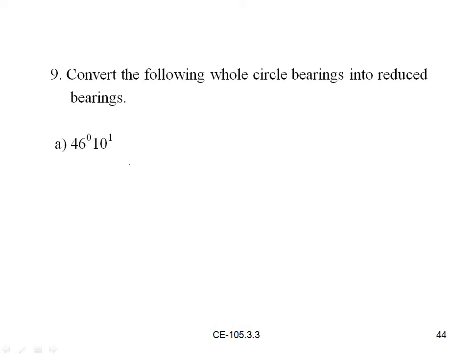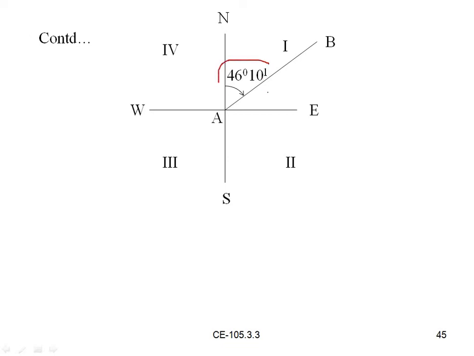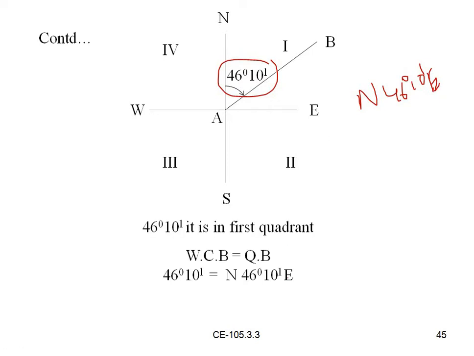The ninth example: 46 degrees 10 minutes, 226 degrees 10 minutes, 180 degrees 20 minutes and 298 degrees 40 minutes. The first is in the first quadrant, so we will write directly north 46 degrees 10 minutes east. Okay, so this is the answer, right?